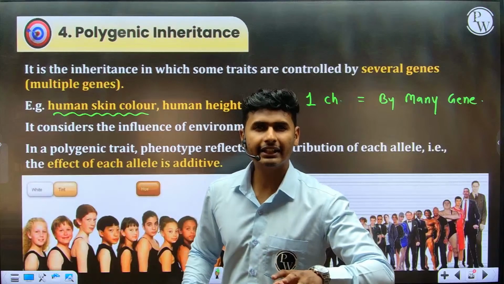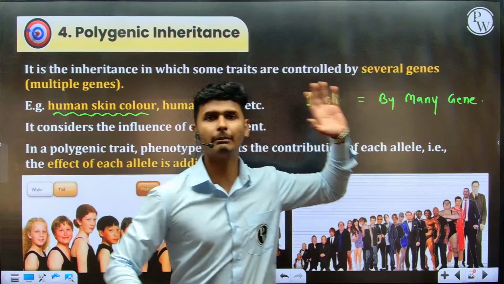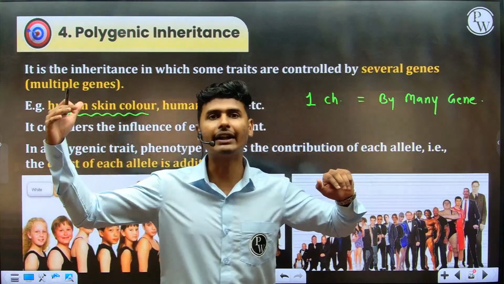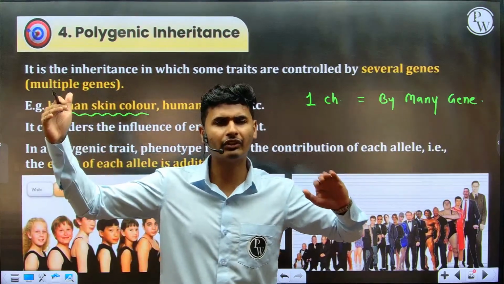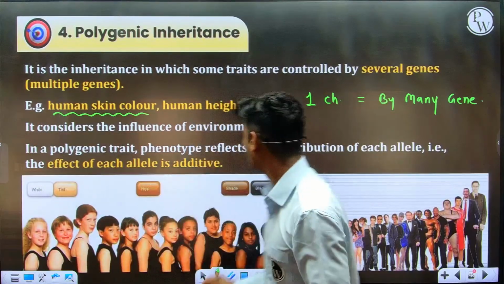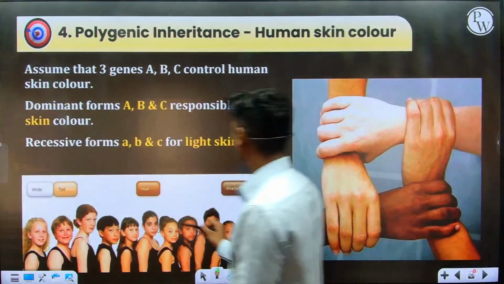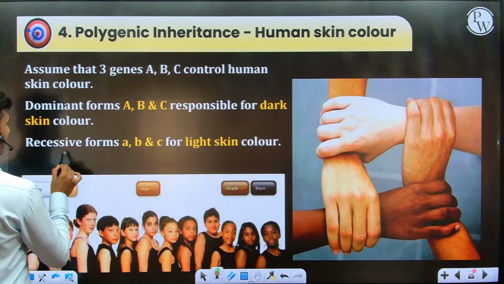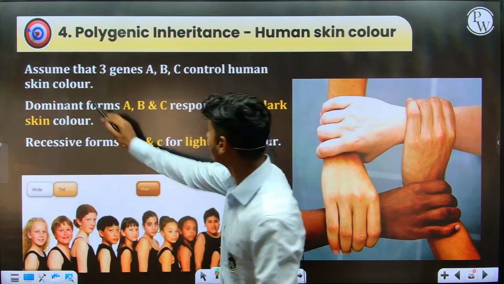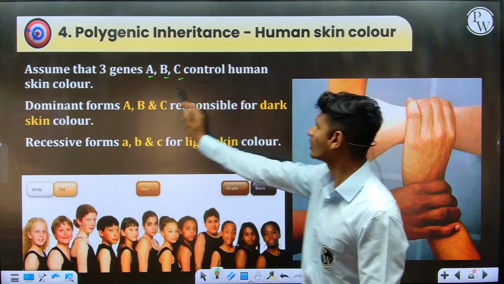We are living in India. We have intermediate skin color. We are not black, not white, not very fair, not very dark. Intermediate skin color is represented like this: three genes, capital A, capital B, capital C, control human skin color.